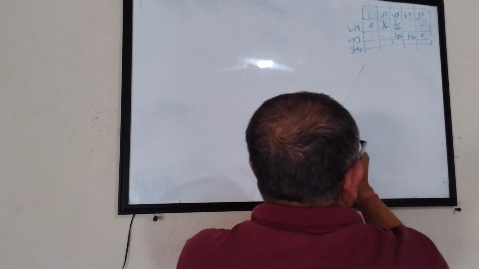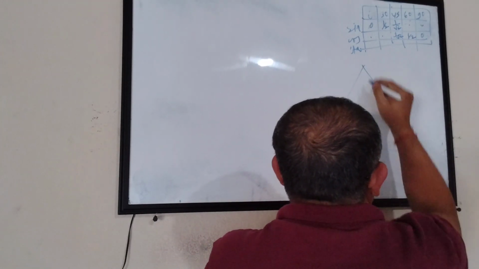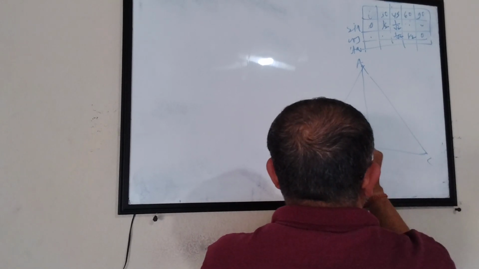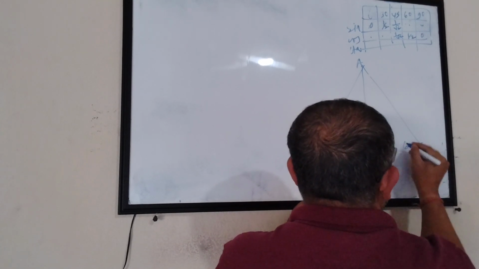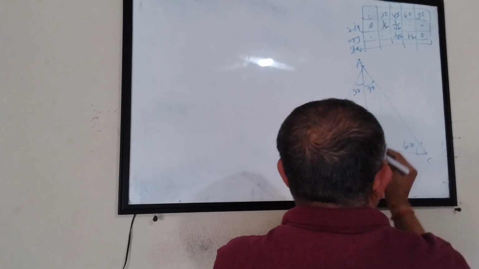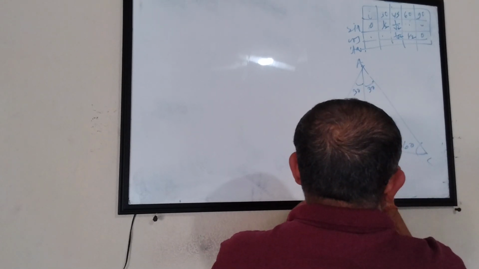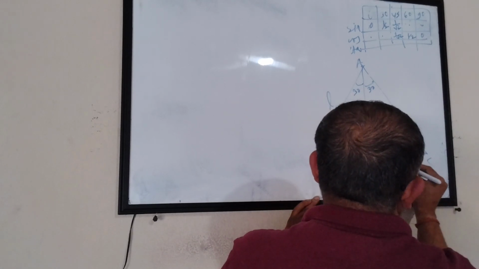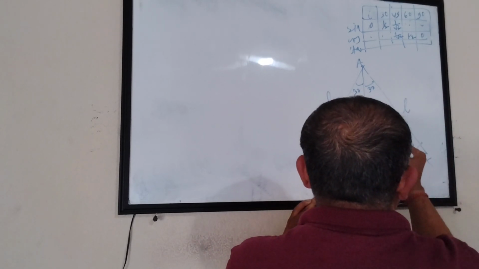Now, same equilateral triangle ABC, this is 60, this is 60, this is 30, this is 30. And we found this and this are the same. So this is L by 2, this is L by 2 and this is L. This is 90 degree.